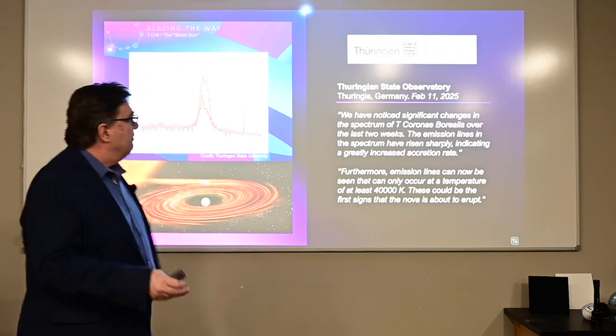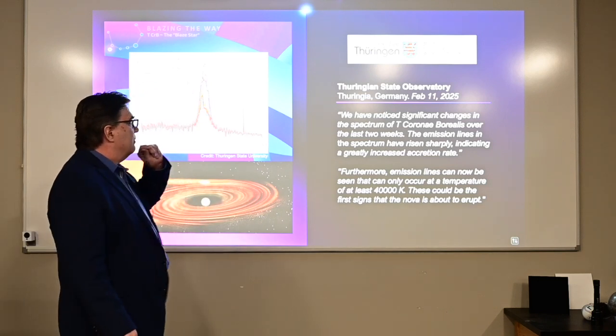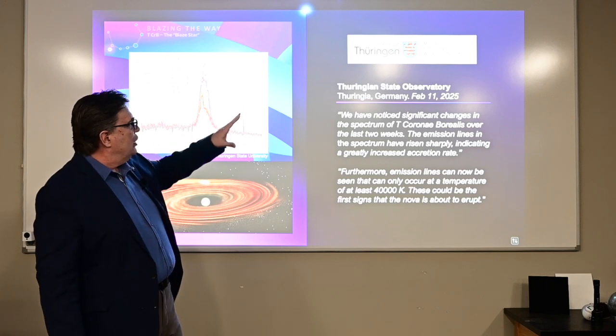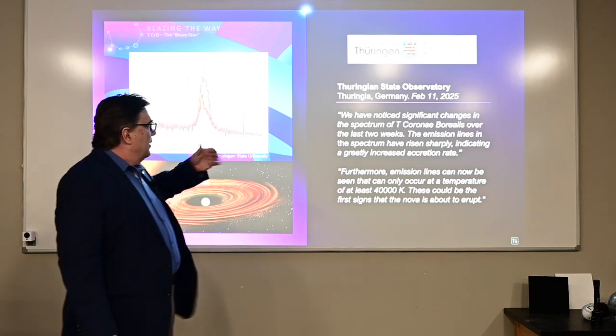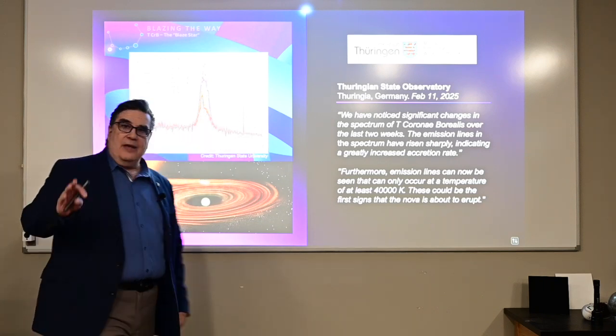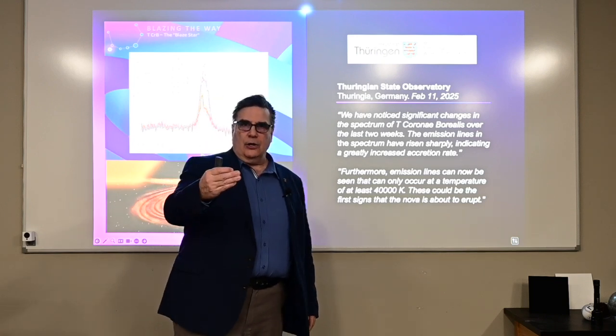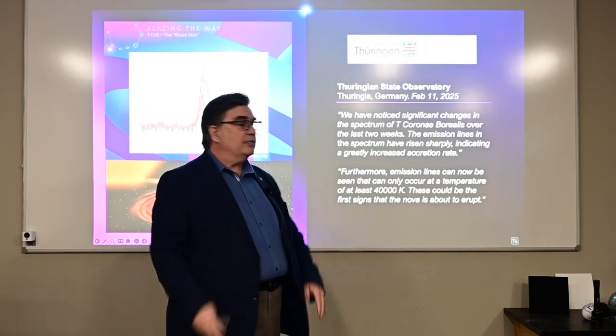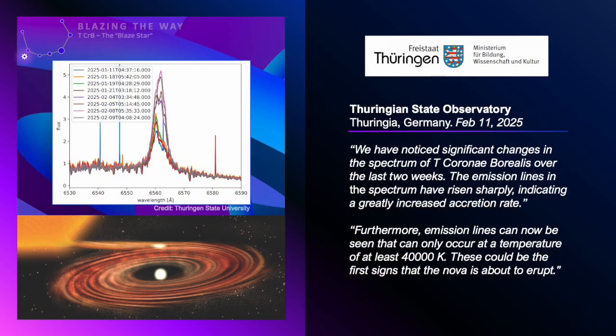Well, here we have a few observatories and scientists. This is Thuringen State University in Germany. They stated this, and this, by the way, is about a month ago, just a month ago from the time of the taping of this particular program in mid-March of 2025.